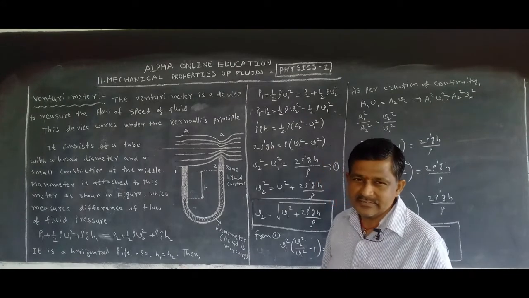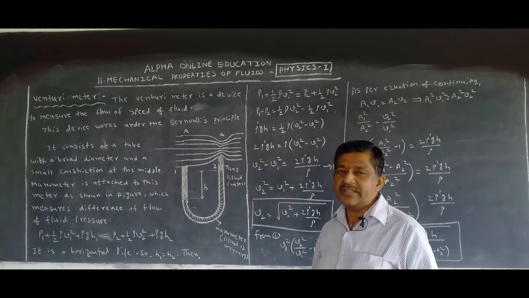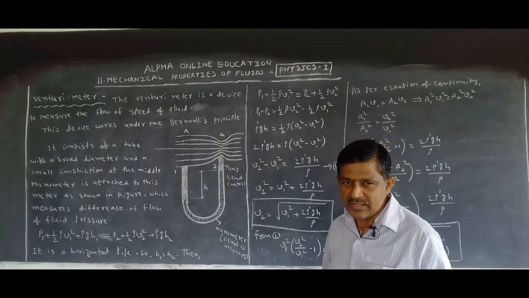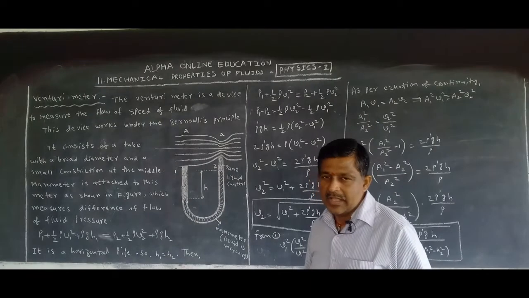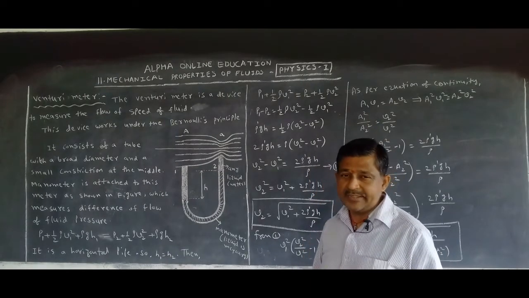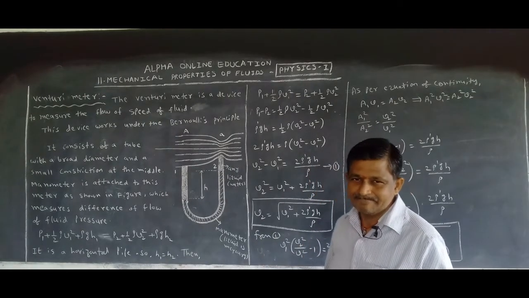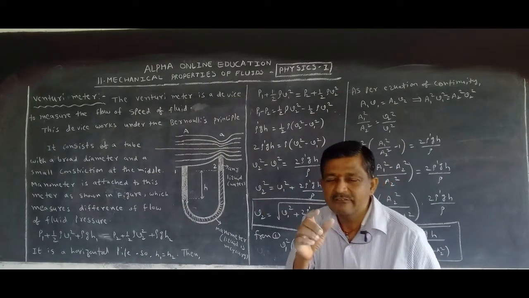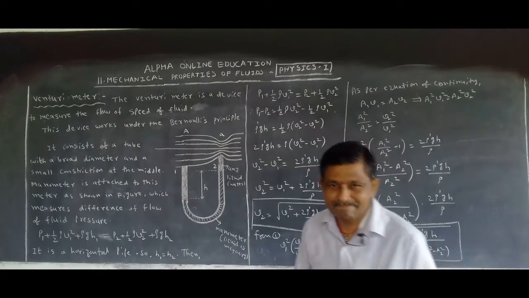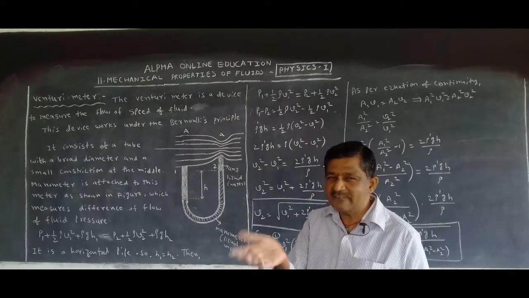That's why the Venturi meter is used in perfumes and also in the carburetor of vehicles. In perfume, we press it and the scent sprays from a small hole. Which meter is there? Venturi meter.